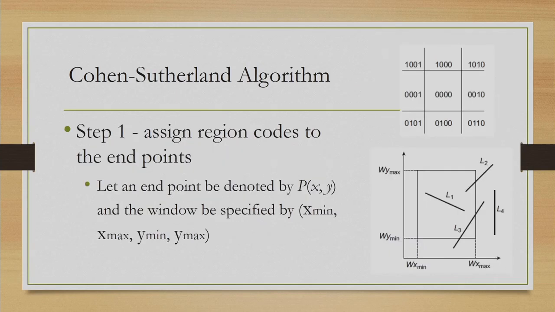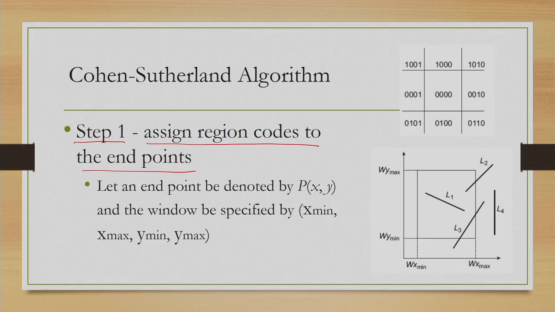Now, that is the assumption and assignment of codes. Then the algorithm starts working once those things are done. So, in step 1 of the algorithm, we assign region codes to the end points of the line segment. Given a line segment, we first have to assign its end points the corresponding region codes.